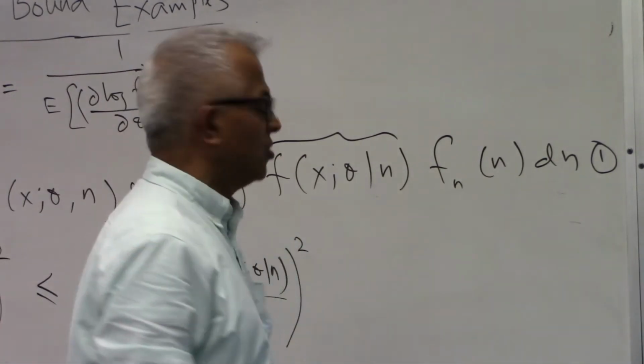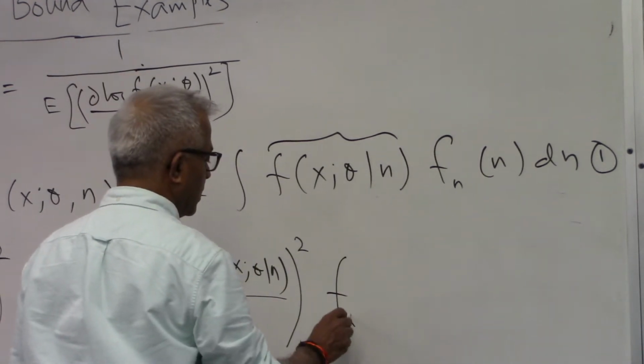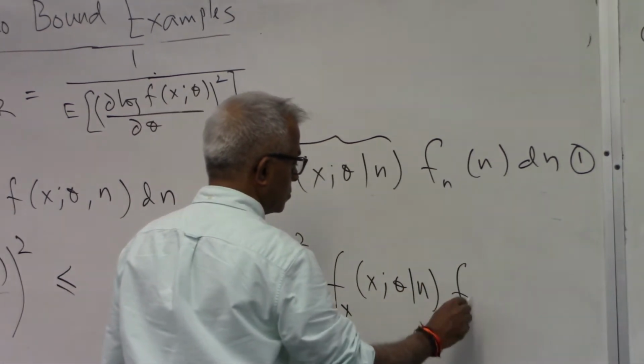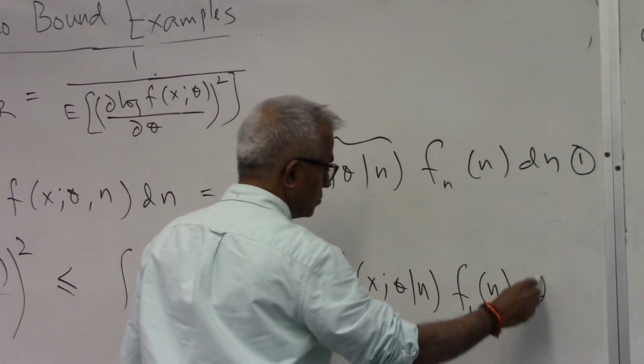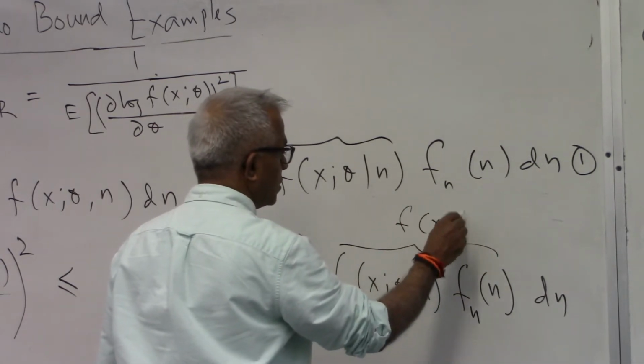multiplied by the joint density function of everything, which I'm going to rewrite as f of x comma theta comma n.